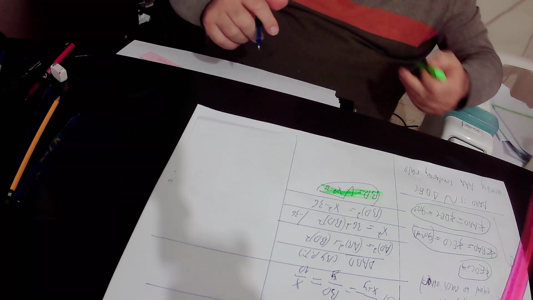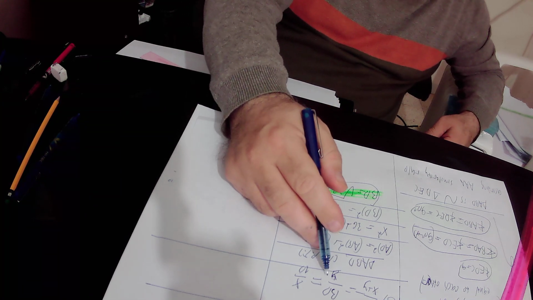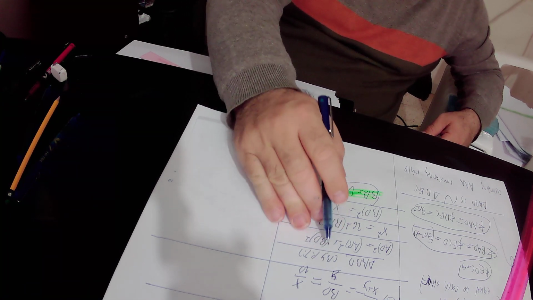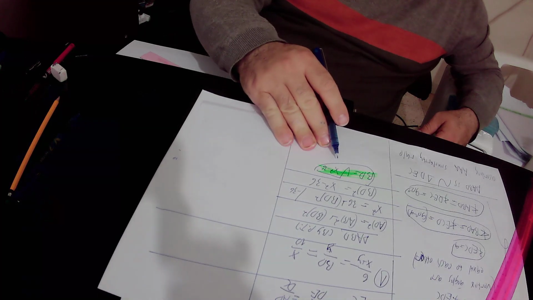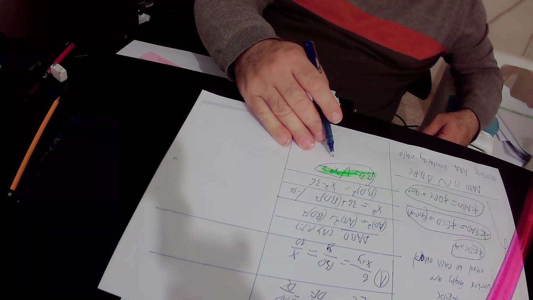Now we can substitute BD in this equation number 1 by the square root of x squared minus 36.